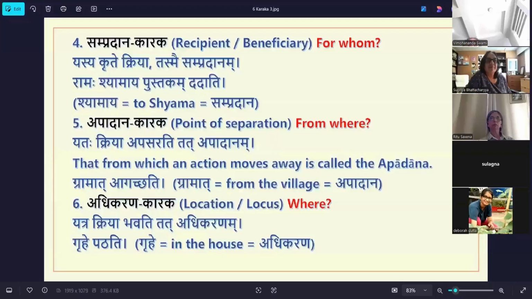This is why. Shivaya means fourth case ending. And fourth case ending, whenever we give something to anybody, the one who receives it takes fourth case ending. So, Rama Shamaya Pustakam Dadati. Shamaya, to Shama. So it is Sampradhan. Sampradhan means fourth case ending.